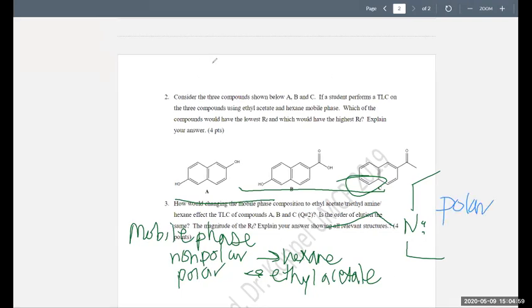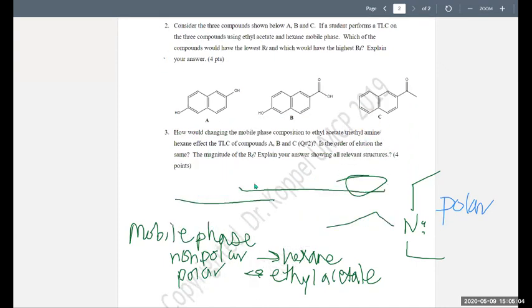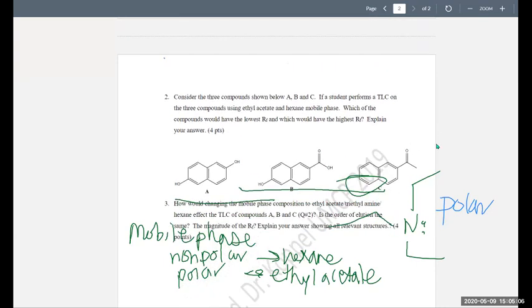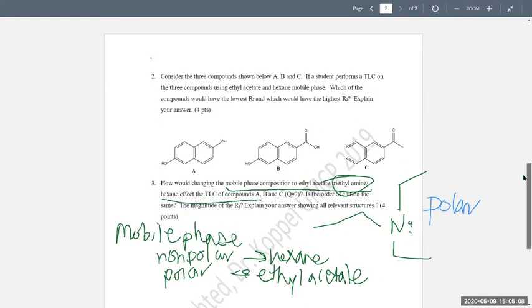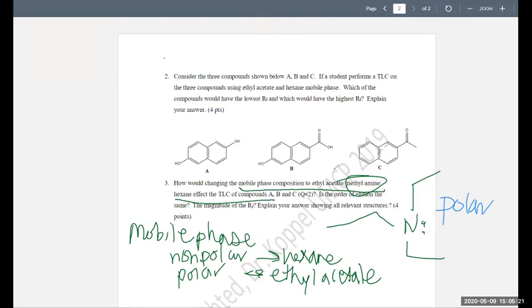So yes, that's cool. But even more than that, you have to look at if it's an acid or base.